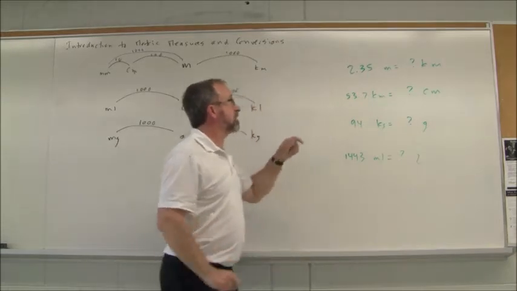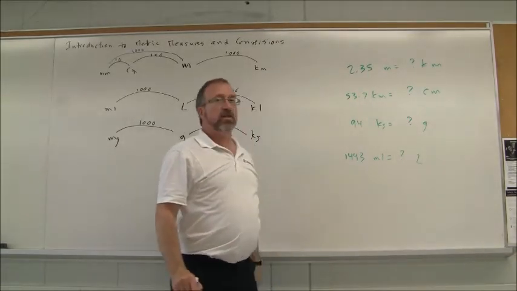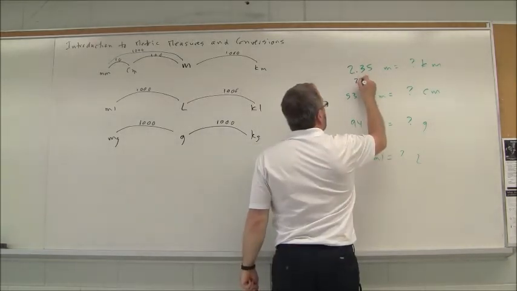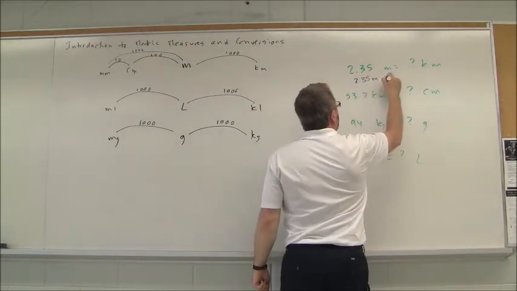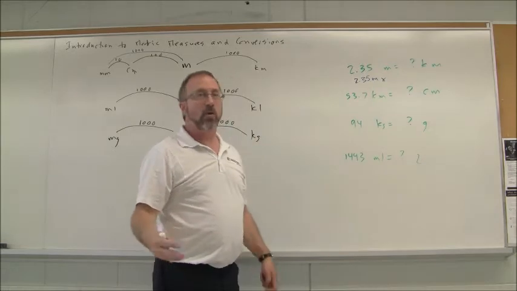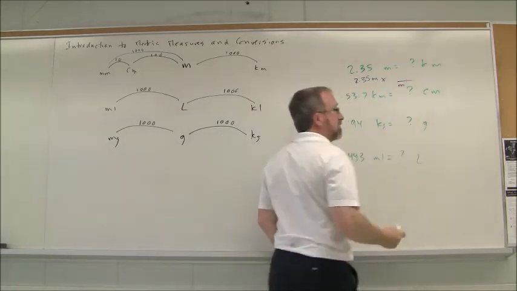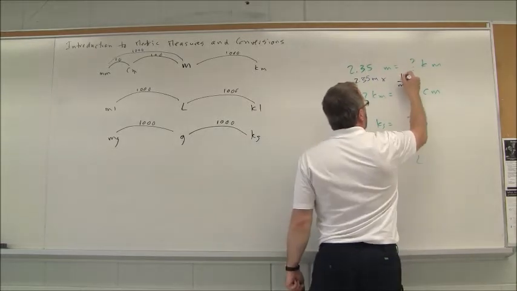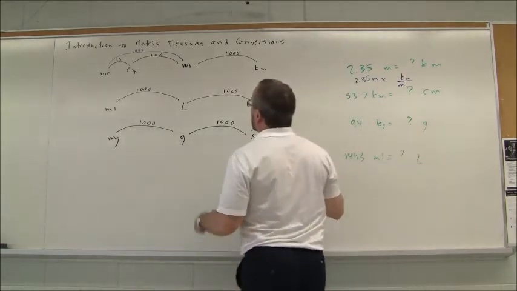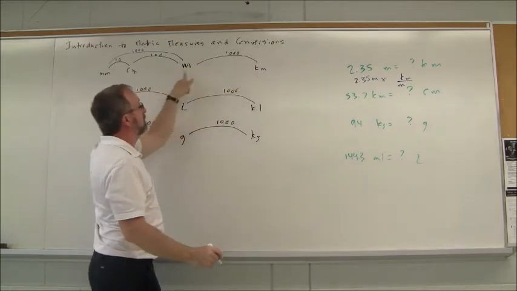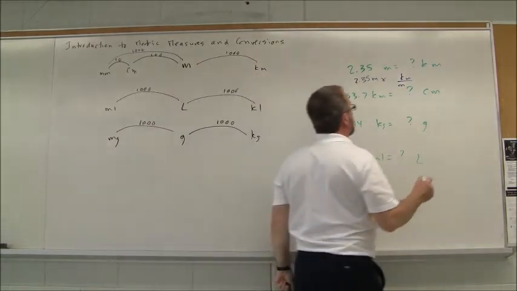So here's some examples. 2.35 meters, we want to convert it to kilometers. Okay. So 2.35 meters, and as I've said in another video, we will always multiply. Put meters in the bottom, put kilometers on the top. And from kilometers to meters, 1 kilometer is 1,000 meters.